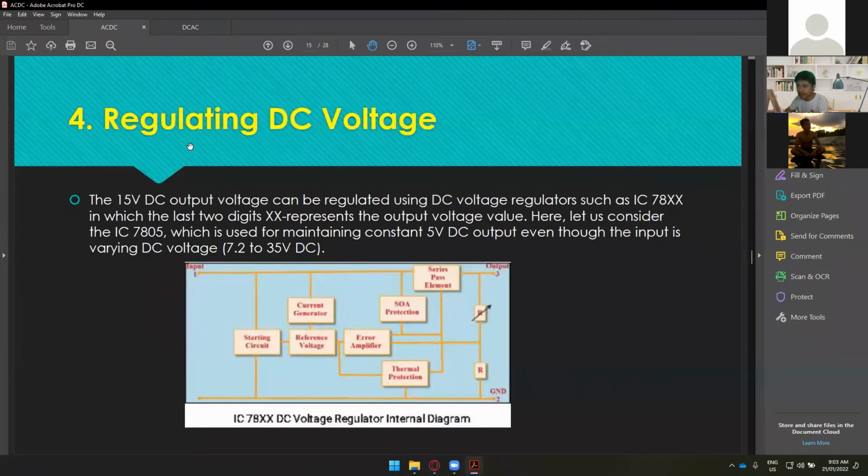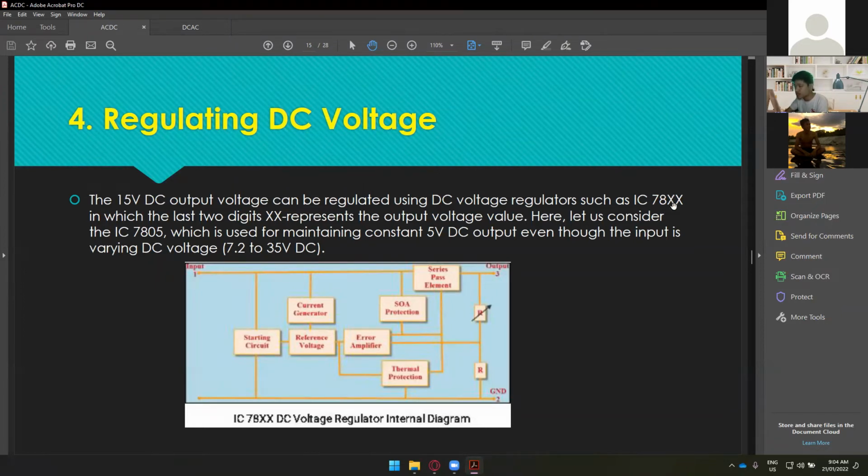We also have here regulating DC voltage. The DC output voltage can be regulated by DC voltage regulators such as this microchip, IC78XX. We have different numbers right here, but as long as it's 78, it's already a voltage regulator. We have different kinds of regulators, in which the last two digits XX represent the output voltage value.